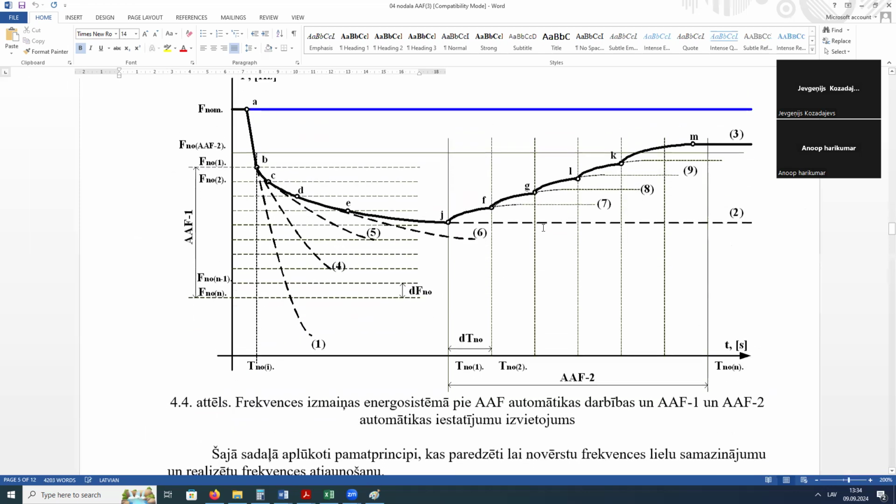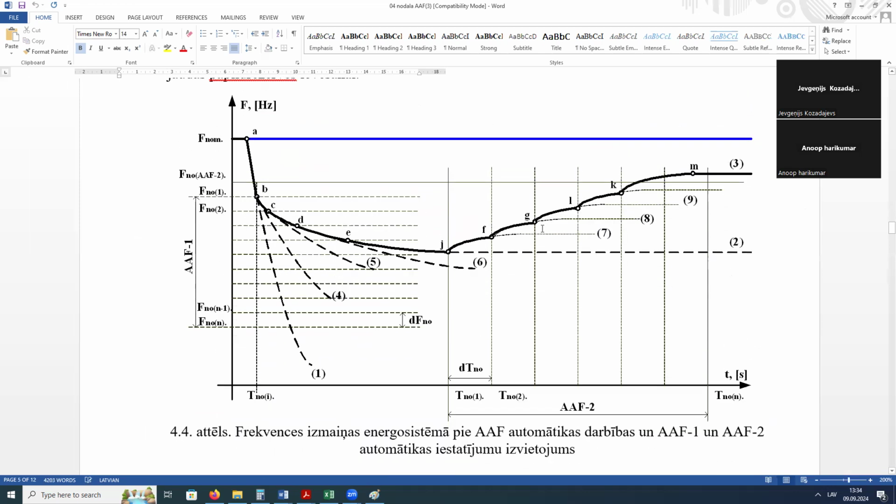This is a very nice picture of the idea of under-frequency automation. Here it is in Latvian, and it is called AAF, under-frequency automation. There are two parts of such automation, and it is very important to describe the difference between these two ideas.